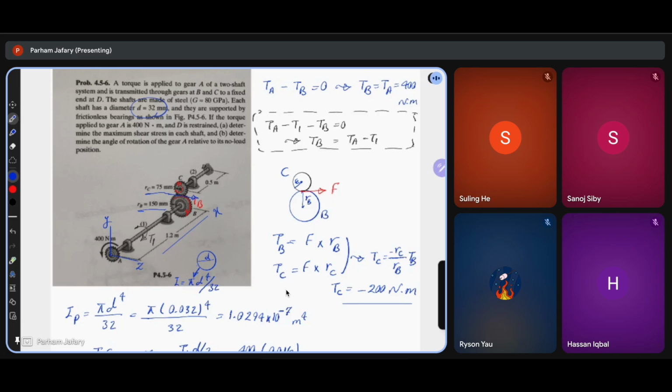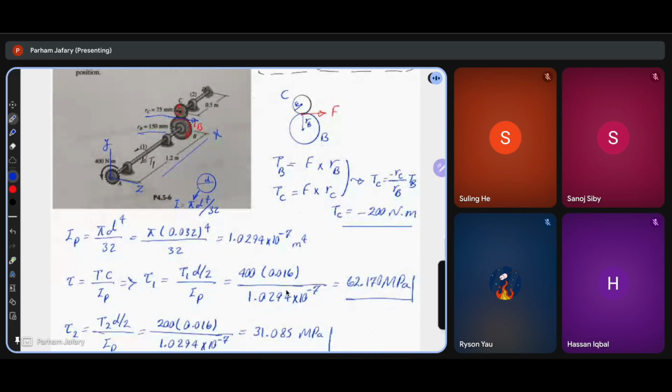When we have a gear, the force between the two gears is equal, and the force times the radius gives you the torque. So we can convert the torque at one end to the torque at the other gear. Then we can find the torsional stress in the shafts.